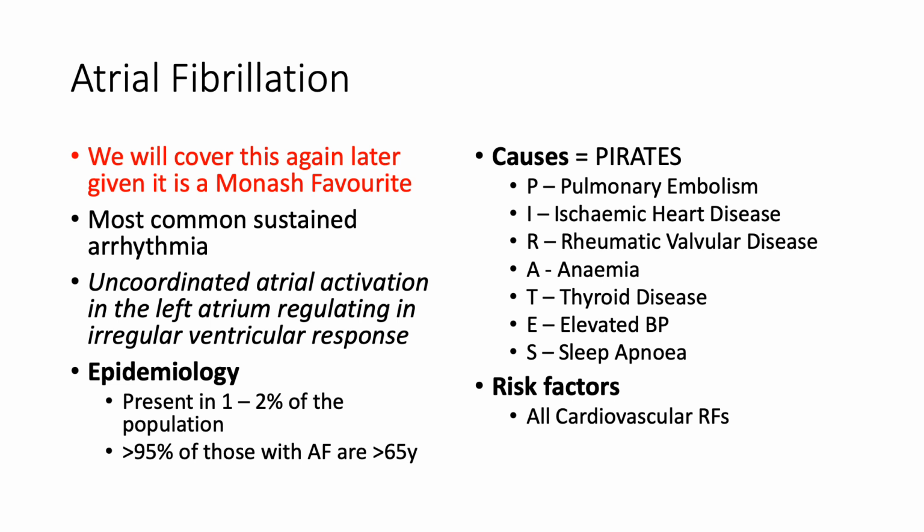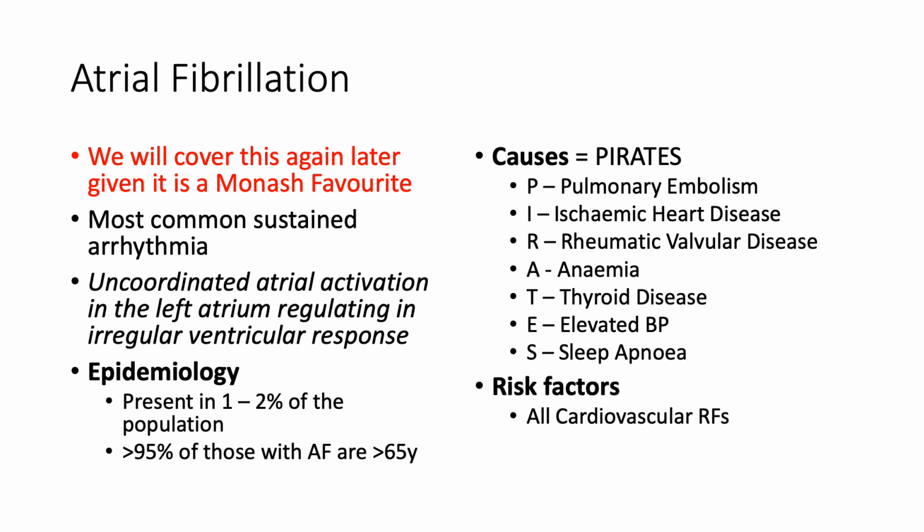We'll go through atrial fibrillation again because it is very important, and given the incidence of hypertension, it is increasing, to be honest. It's the most common sustained arrhythmia, and it's due to uncoordinated atrial activation, and it causes an irregular ventricular response. So essentially the atria aren't effective and the ventricles are just doing what they're told, and what they're being told is rubbish.